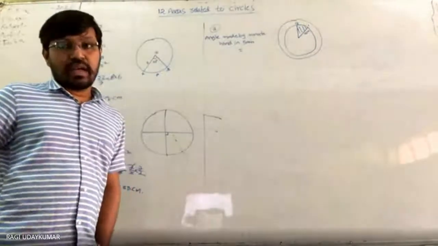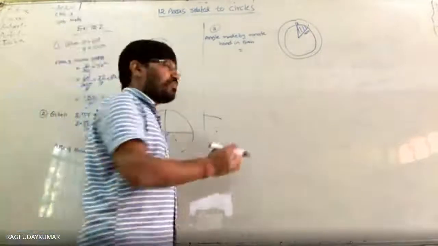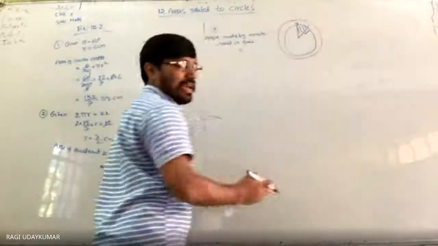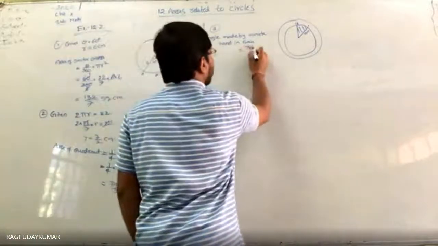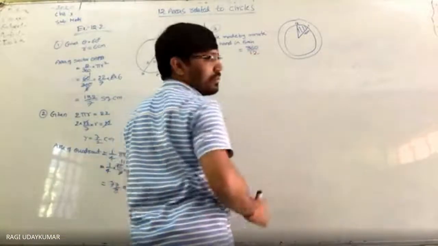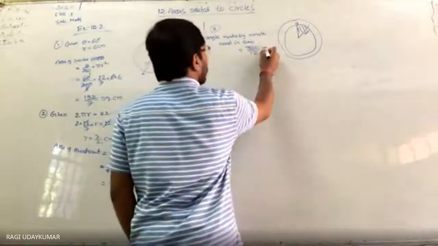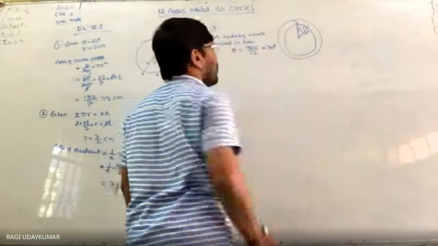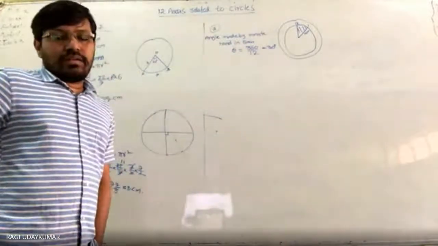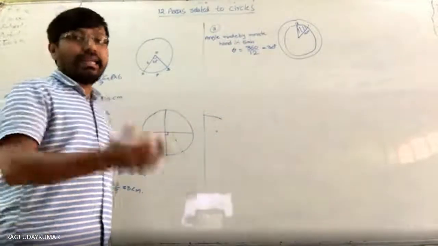But if 360 is divided into 12 parts, in one part you get 360 by 12, which is equal to 30 degrees. So here to here the angle is 30 degrees, that is theta. Theta is 30 degrees, indirectly given to you.